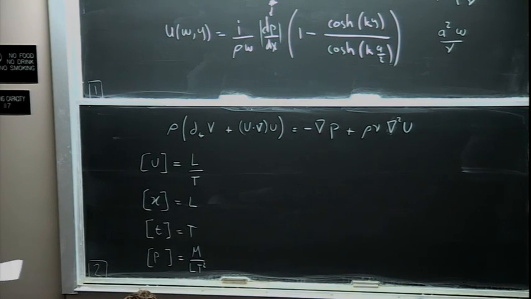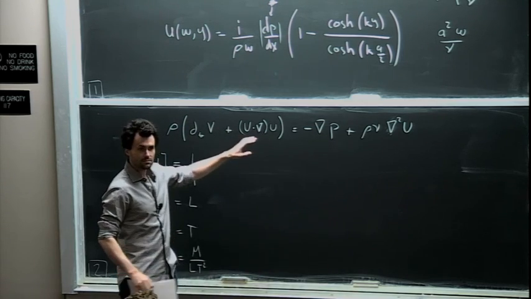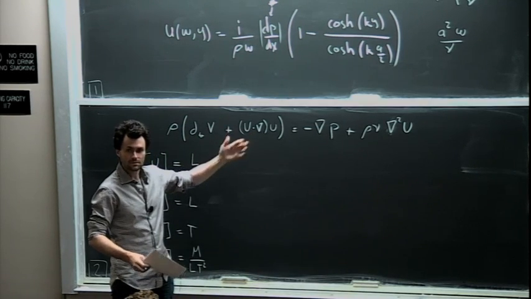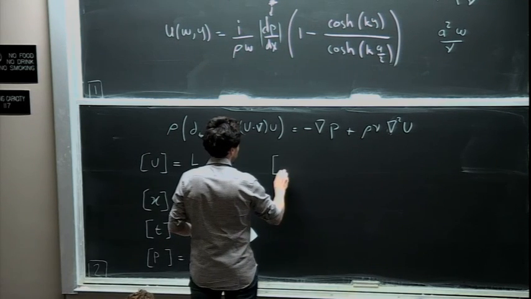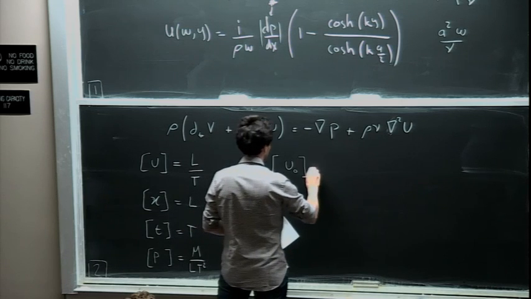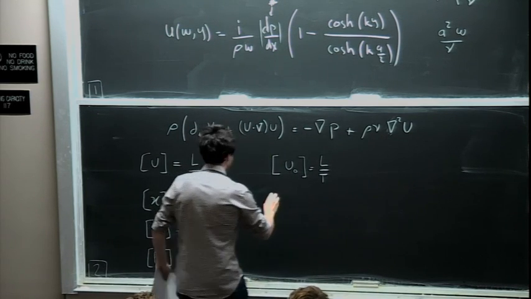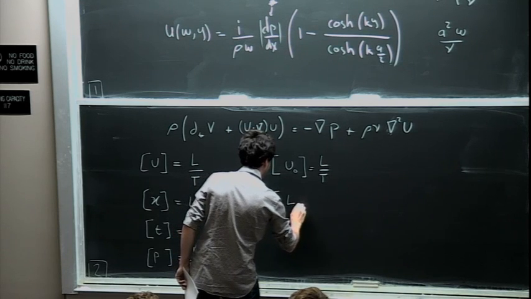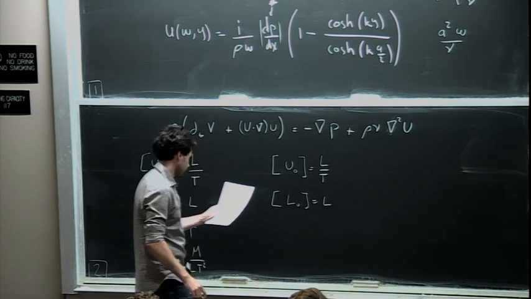Okay. So we're going to try to rewrite our equation in terms of dimensionless variables, so we're going to rescale them by the characteristic sizes. We're going to assume that our solution has some characteristic velocity, which has the same units as length over time. We're going to assume that it has some characteristic length, which has units of length, of course.